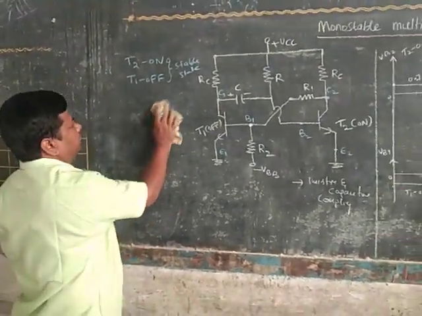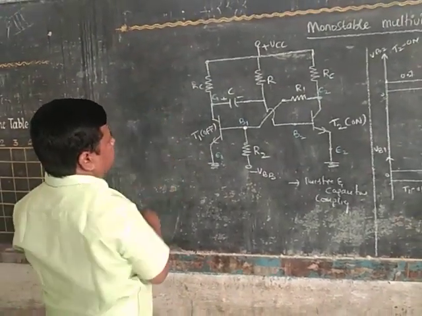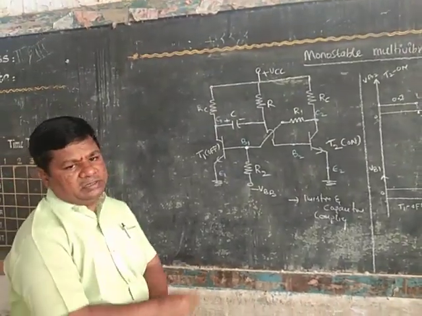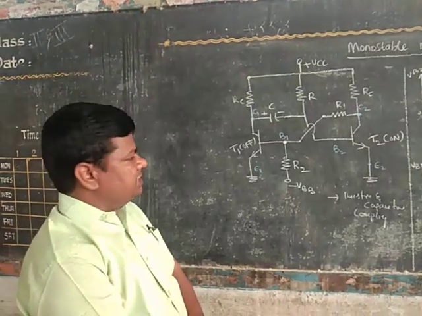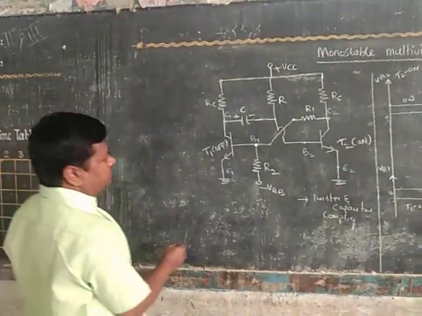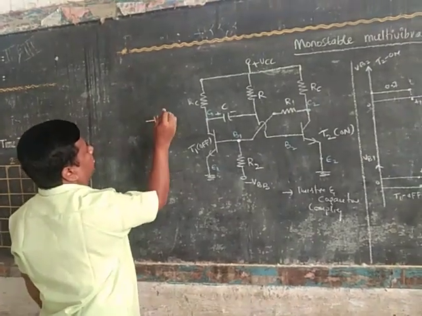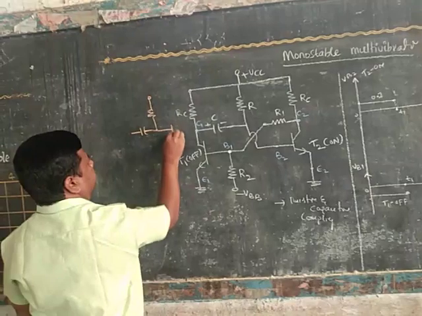Here we have to apply some triggering arrangements. In the monostable multivibrator, only one state is stable. That's why we use only unsymmetrical triggering, the same as we already discussed in the bistable multivibrator circuit.